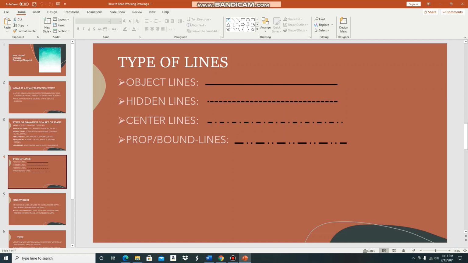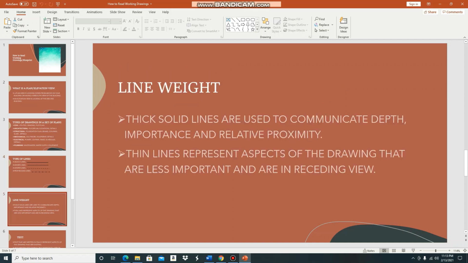Then we're talking about line weight. Now, line weight is very, very essential in interpreting what that aspect of the drawing is communicating to you. There are solid thick lines that are used to communicate depth, importance, and relative proximity.